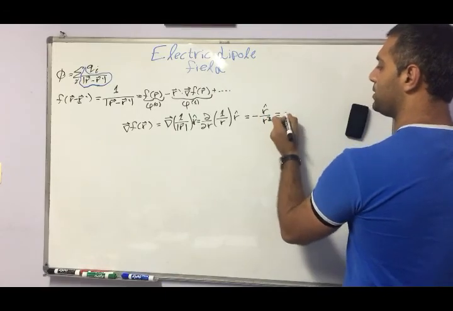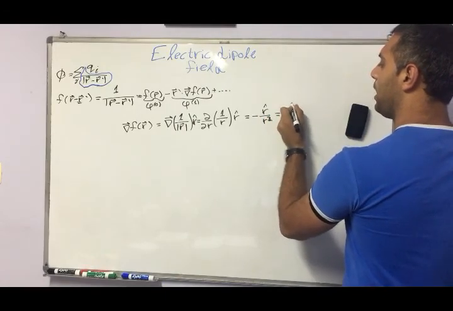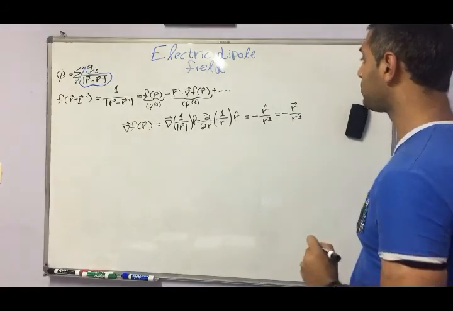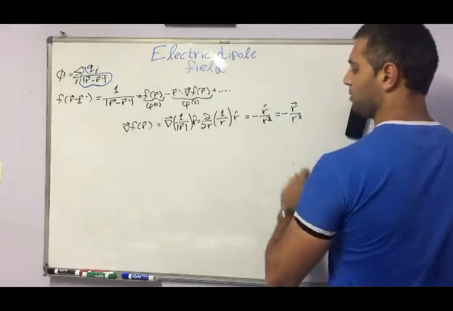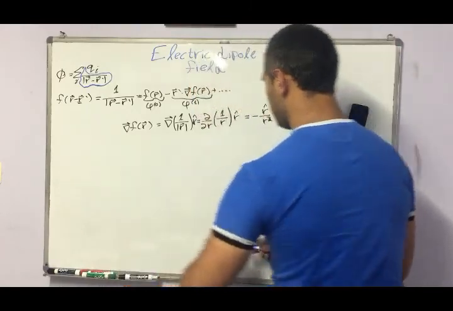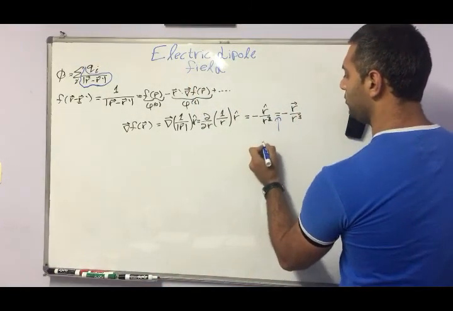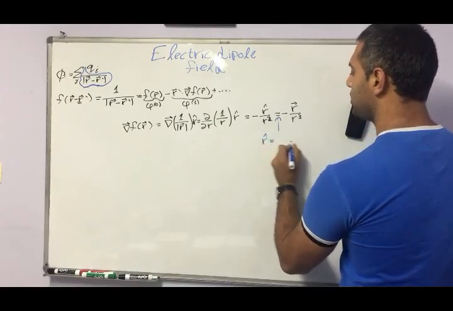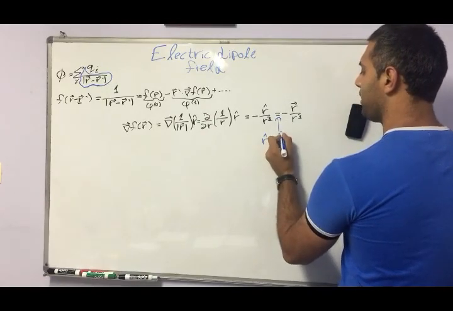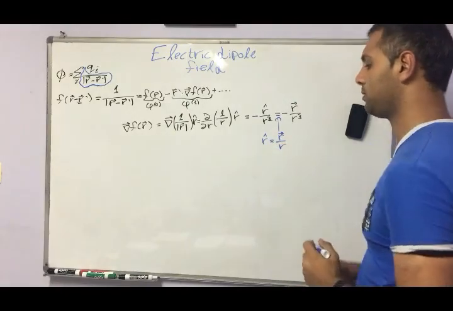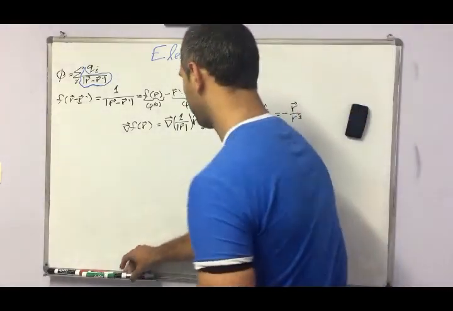And we can write it as minus r vector divided by r cubed, because we know that the unit vector is actually the vector divided by its magnitude.